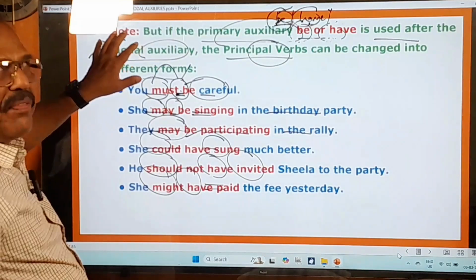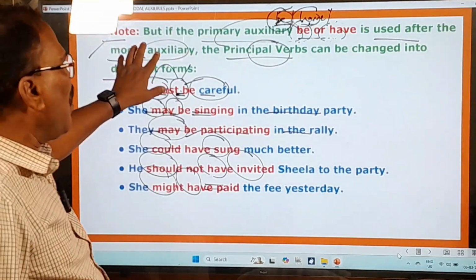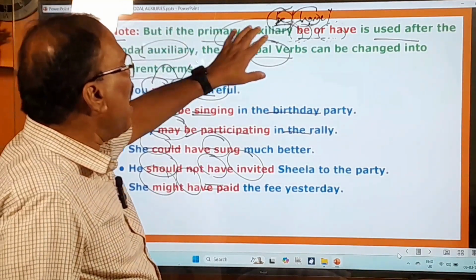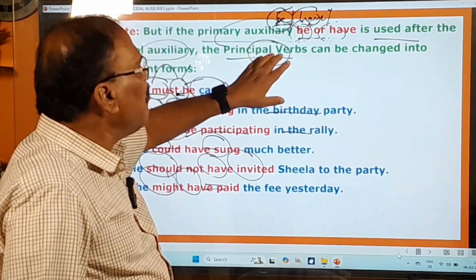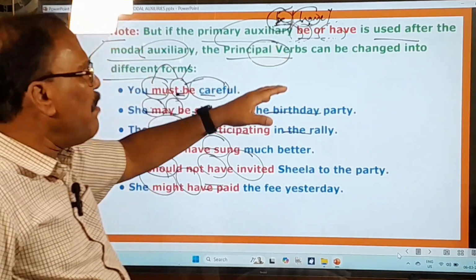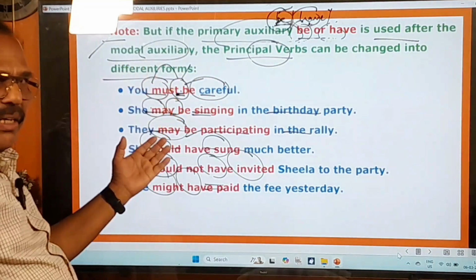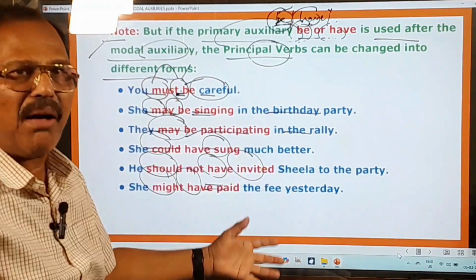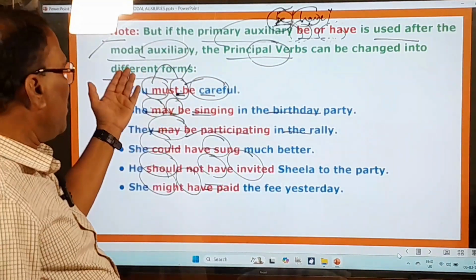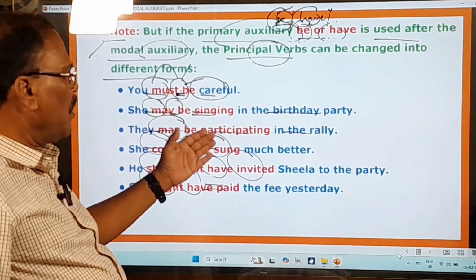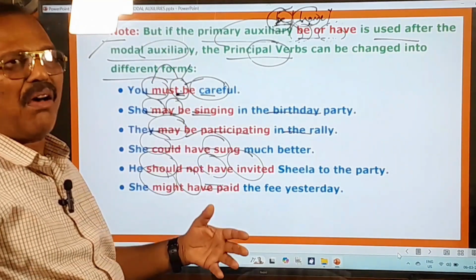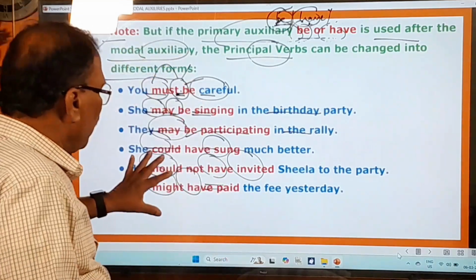In this way, if at all these modal auxiliaries are used with primary auxiliaries like be and have, okay, then the principal verb or the main verb may be changed accordingly into different forms. It can be changed into the present participle form, it can be changed into the past participle form, and so on. Okay, and that is the thing we have learned from this slide.